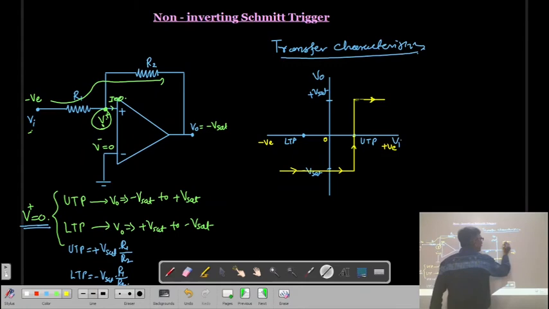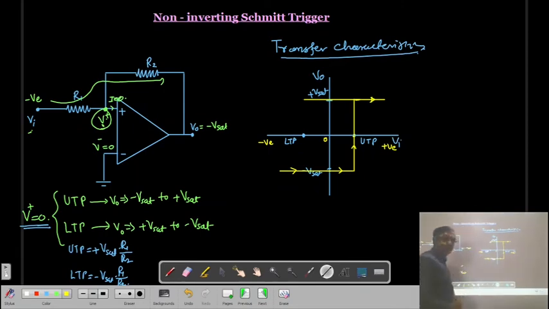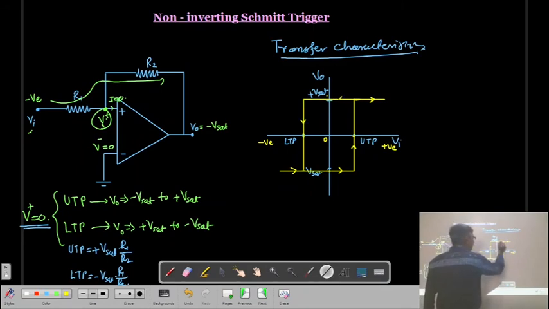So here we have a plus V saturation and it will remain till it crosses the LTP. Whenever the LTP is crossed, the output changes from a plus V saturation to a minus V saturation. And what is the width of the hysteresis? Here, this one is known as the width of the hysteresis.